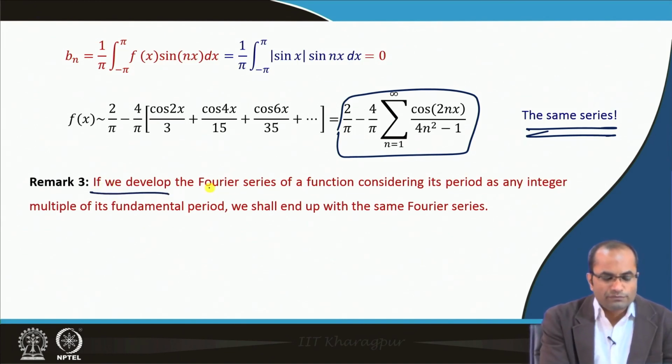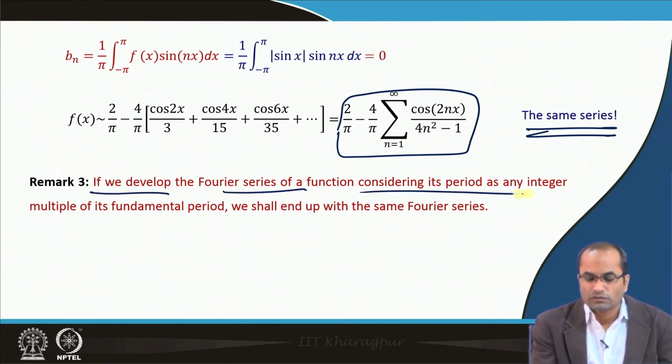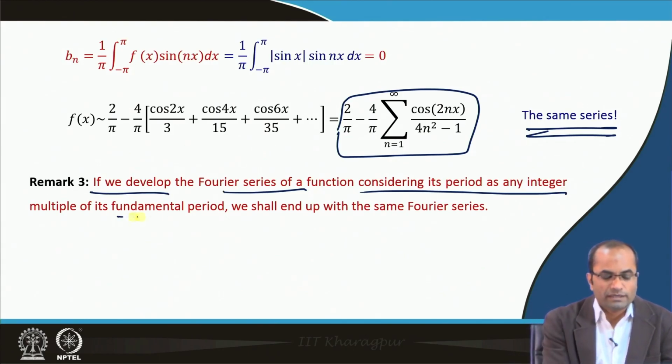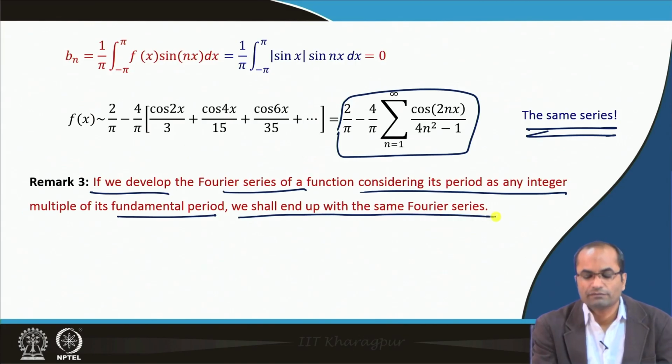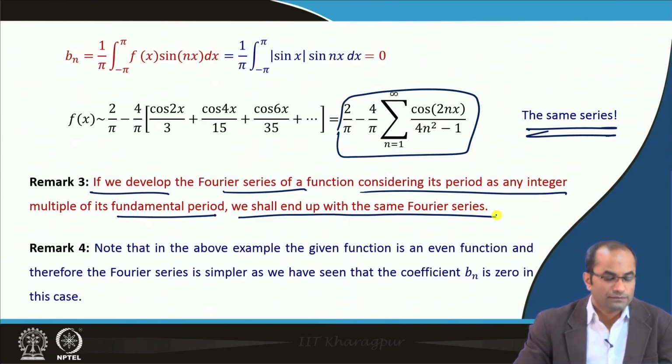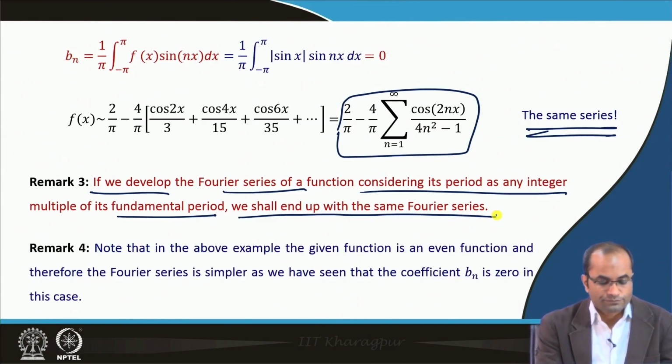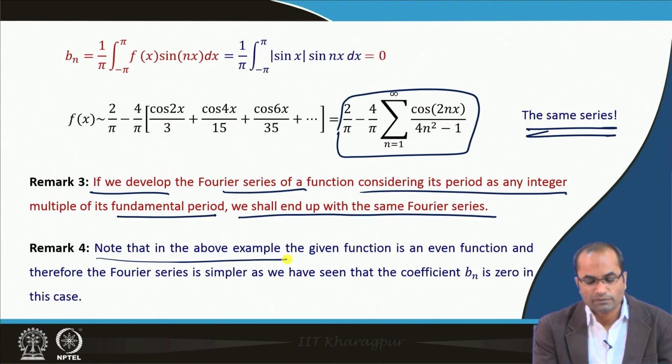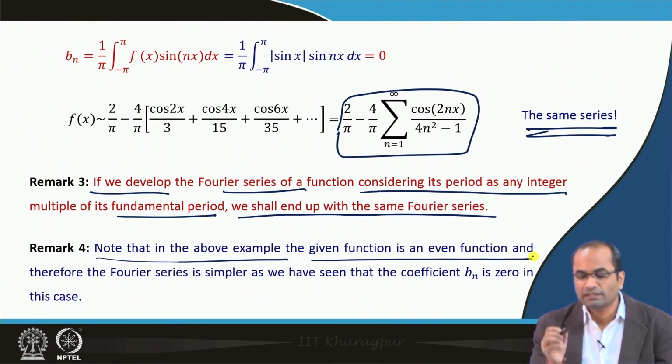So, if we develop the Fourier series of a function considering its period as any integer multiple of its fundamental period, we shall end up with the same Fourier series. That is the conclusion, and we have demonstrated it from this example.